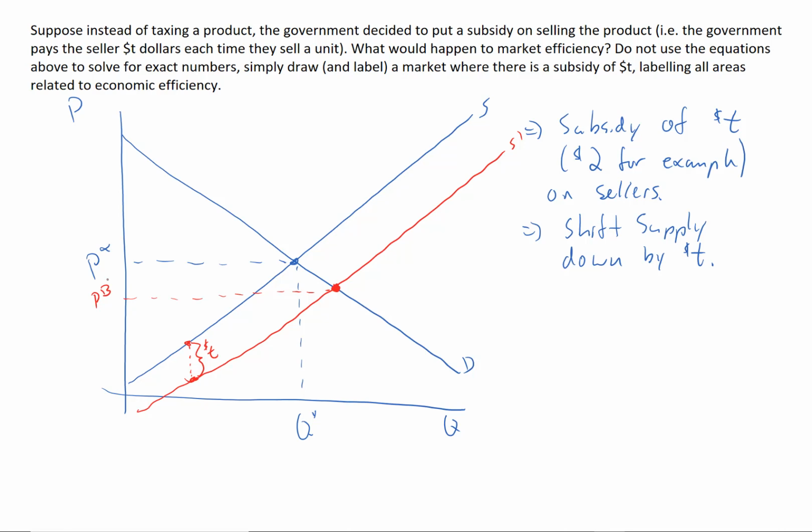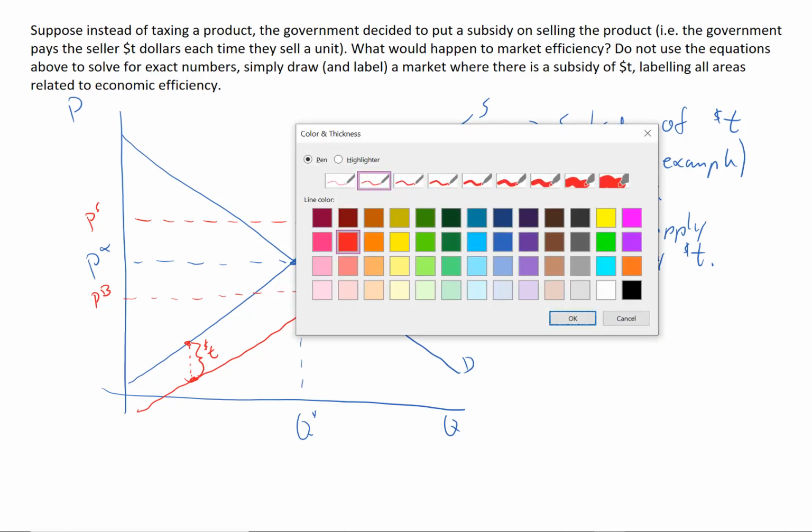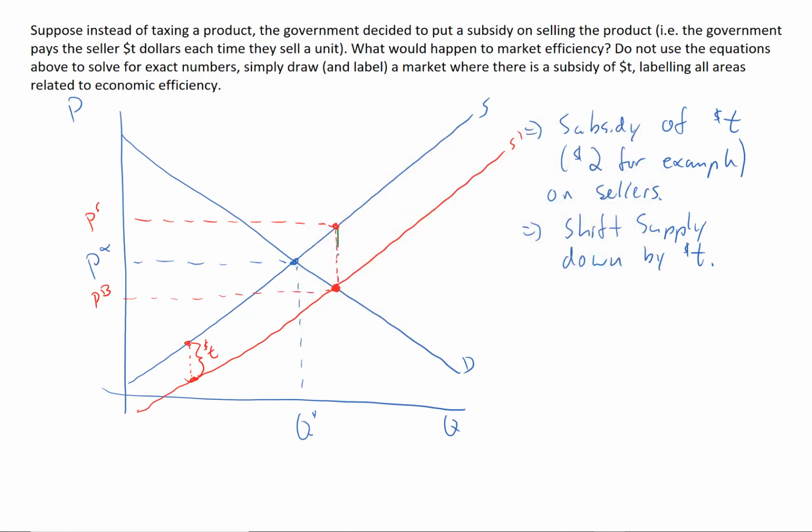Then the seller gets that money that you gave to them, plus they get this T, for example $2, from the government as a subsidy. So PS is PB plus T. Notice this is a little bit different than the tax, but the logic and thought process is the same. And just like we had a tax wedge, we can think of a subsidy wedge.